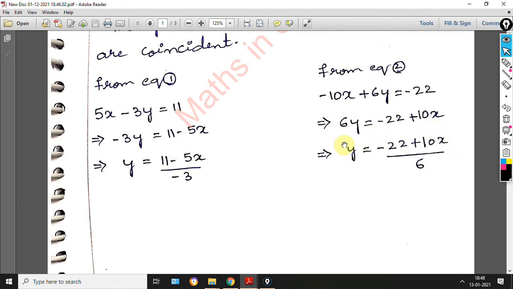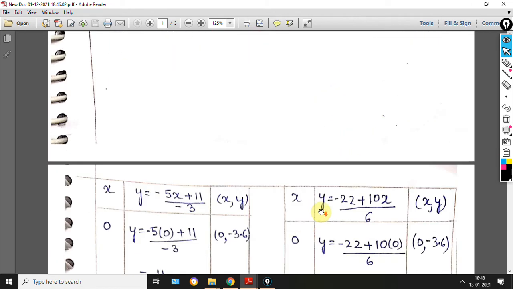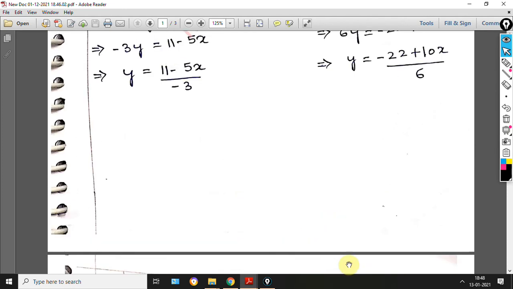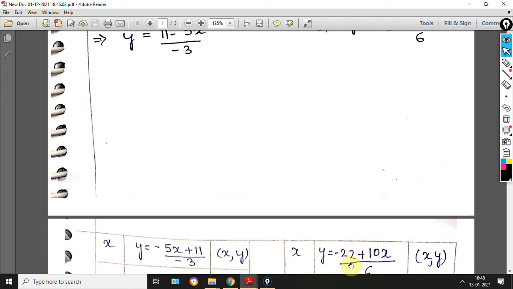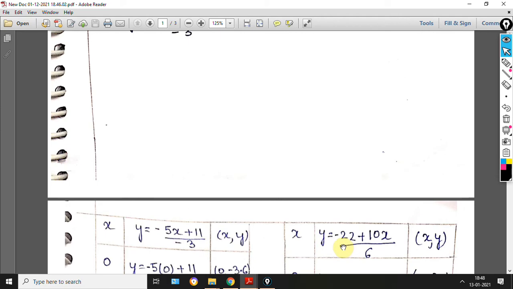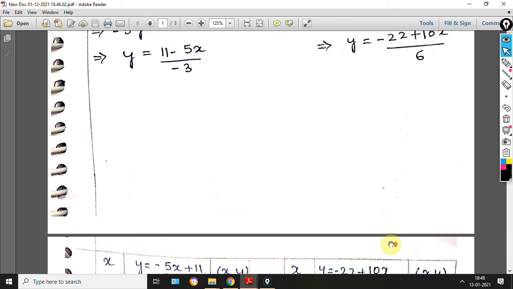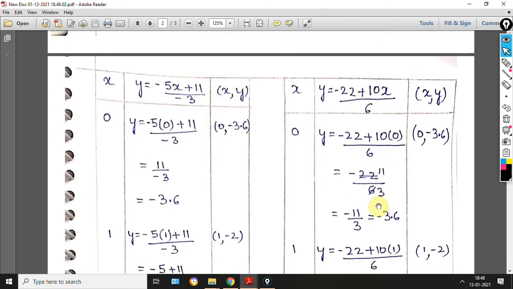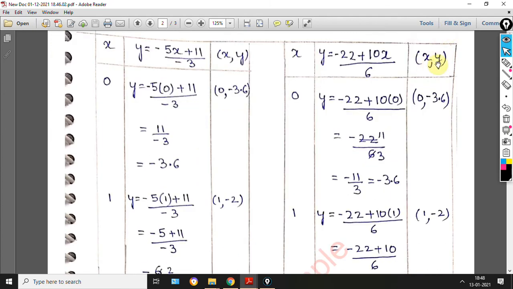Okay, now what we have to do is take the x table. We have to draw the table x comma y. Here we are writing x, and the equation we got, that only we are writing: y equal to minus 22 plus 10x, whole divided by 6. Next, x comma y we are writing.